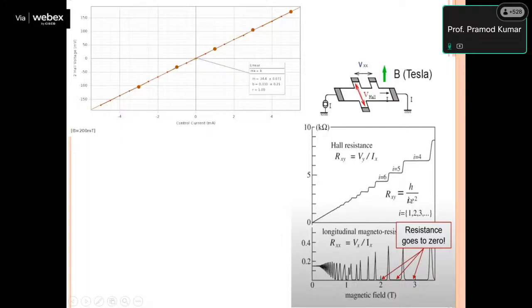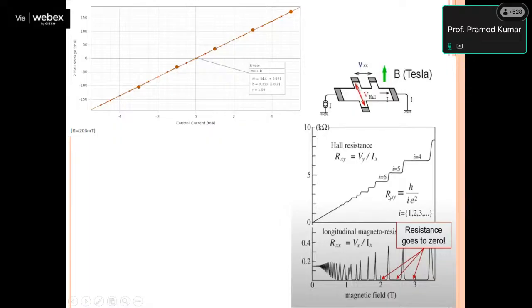So if i equal to 1, then h upon e square. The Planck constant value is known, this electric charge is known. So if you calculate this value, you will get around 25.8 kilo ohm. So this is the standard resistance if you measure the sample here and there.